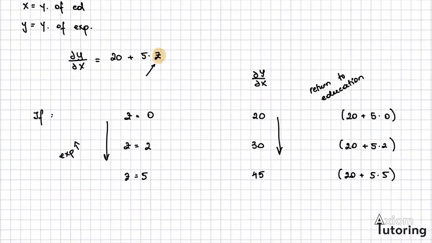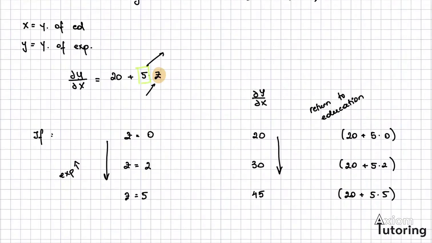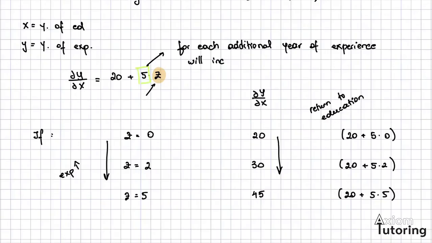This also means that this beta 3, meaning this 5 that we had estimated in here, is giving us very important information. What it's telling us is that each additional year of experience that we have will increase the return to education by 5.